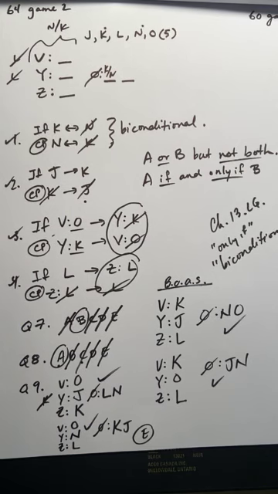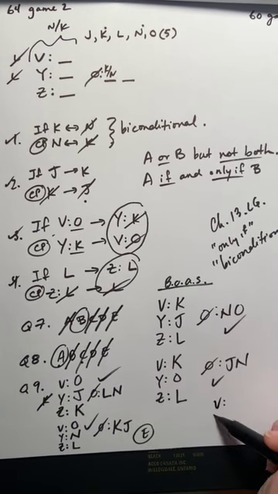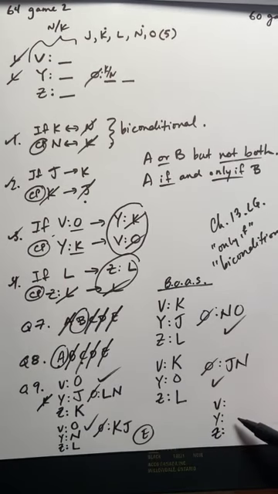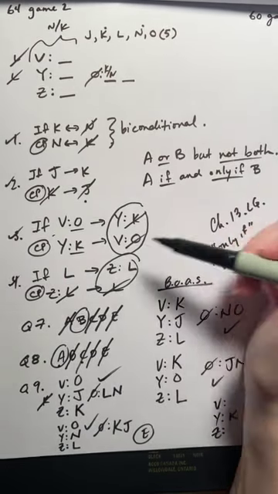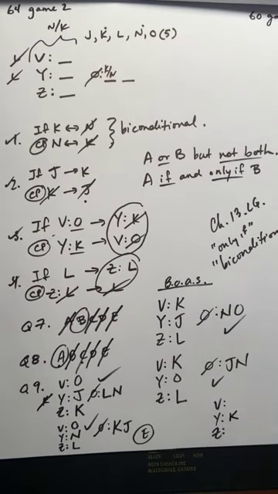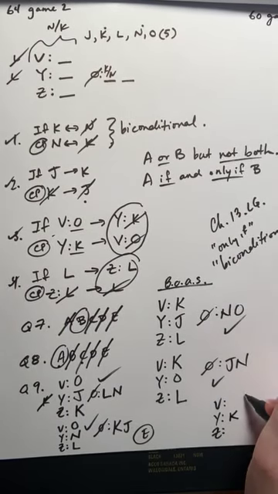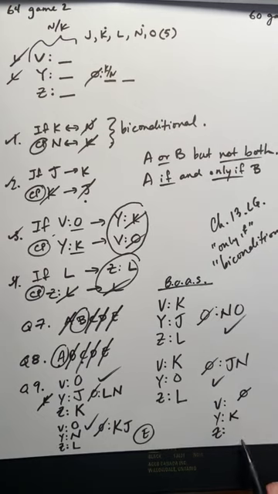If K is assigned as ambassador to Yemen, do we have an example of that? No, we don't. All right, starting from scratch. So K is here. That means that O can't be assigned to V, which means that O and L are kind of competing in a way for Zambia now, right?